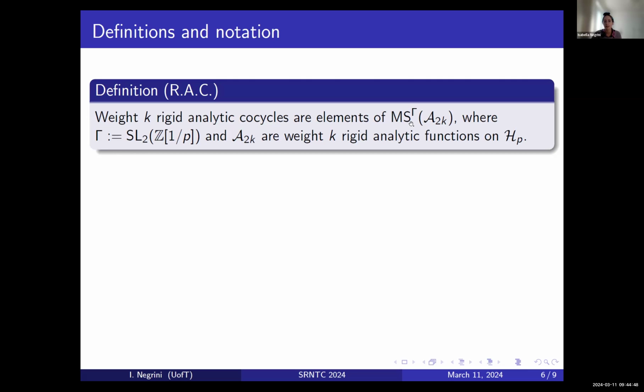And so then we take modular symbols, which are functions on pairs of cusps, with values here, and they must have some invariance property for Gamma.